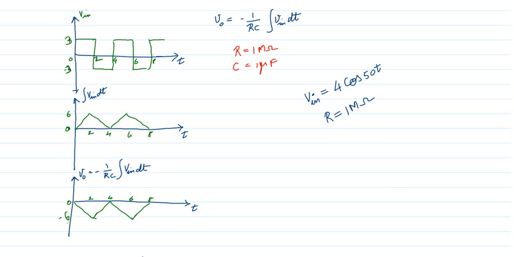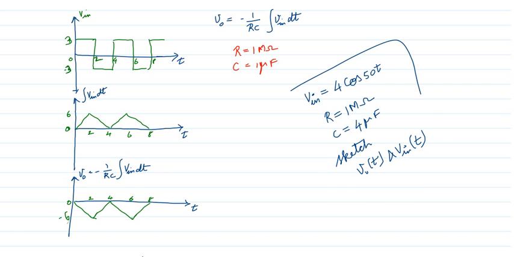C value is 4 microfarad. Sketch V naught of t and V in of t. This problem you work it out. You can just Google how to sketch the cosine waveform of 50t. You learn, you work out this problem.